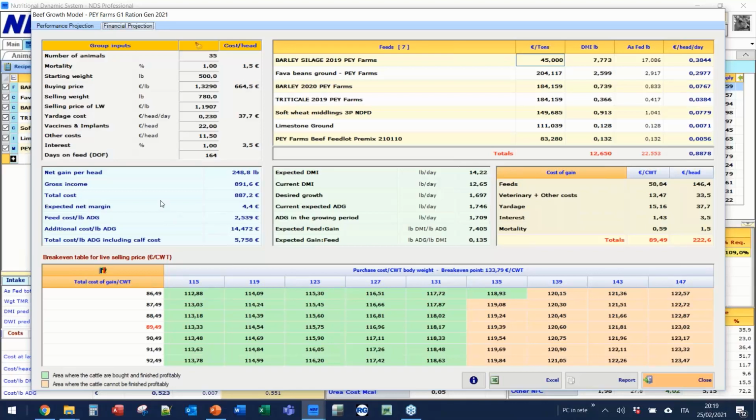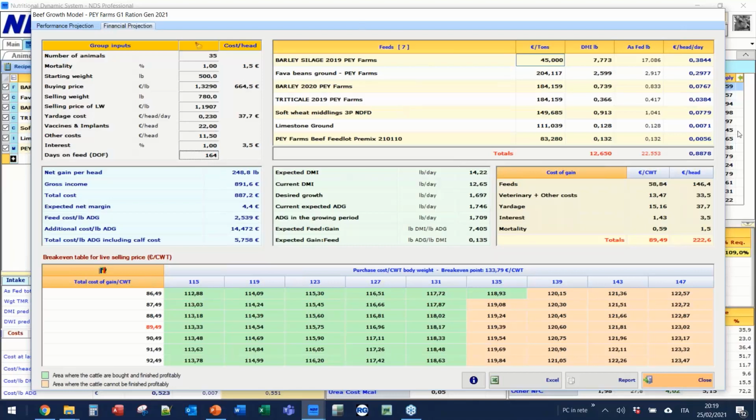There are some additional inputs here based on the number of animals in the group, mortality, starting weight, buying price, selling weight, selling price, yardage cost, vaccine and implants, other cost, interest, and the days on feed that correspond to what is predicted by the beef growth model.